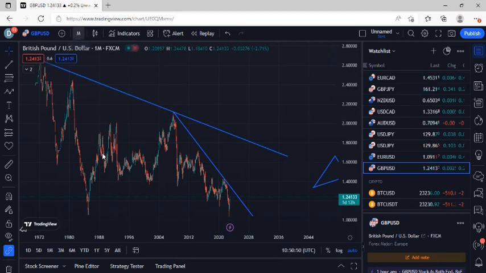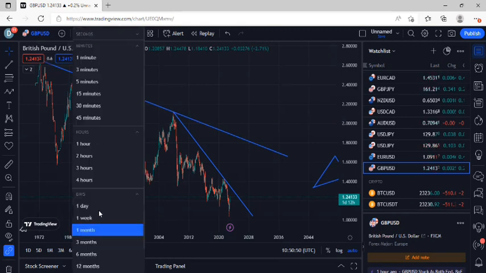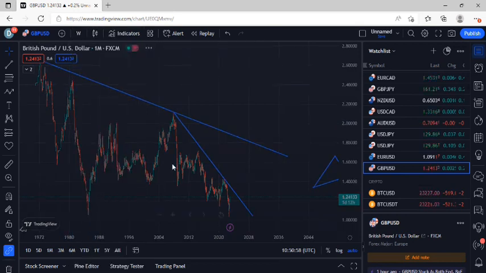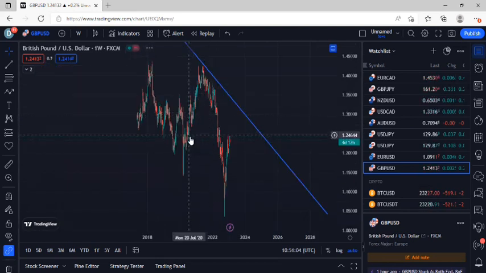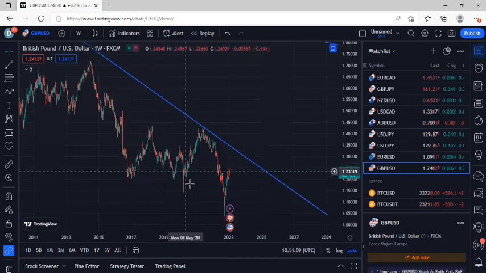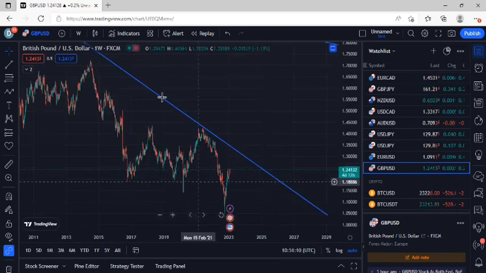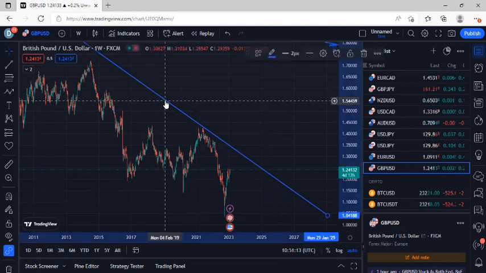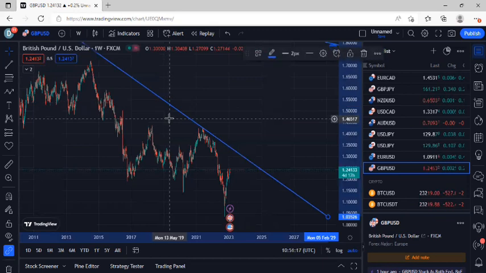So if I go to lower time frame now, let me see if I can still draw another internal trend line. So I'm going to weekly now. So this is my weekly time frame now. I can adjust the trend line to make sure it touches that.